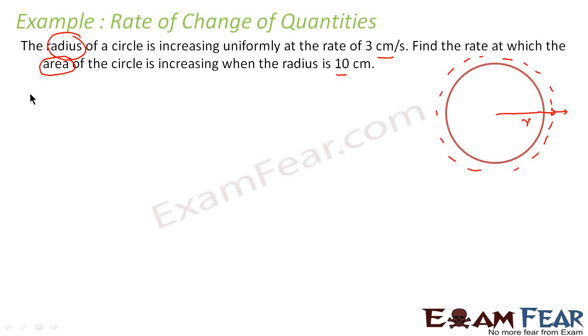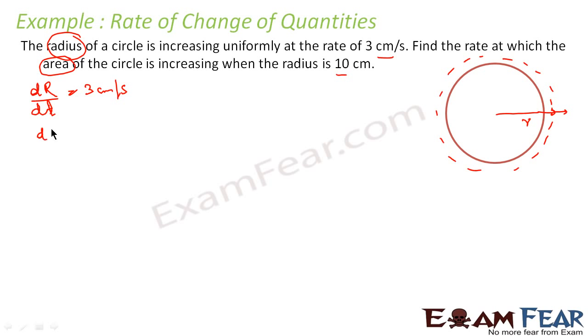So the question says the change of radius of the circle with respect to time, that is dr by dt, is 3 centimeter per second. This is given. And what are we asked to find?